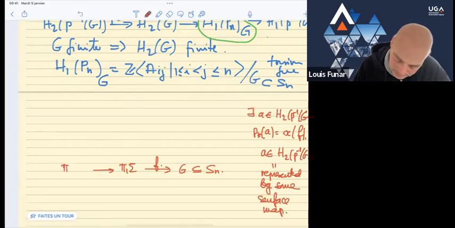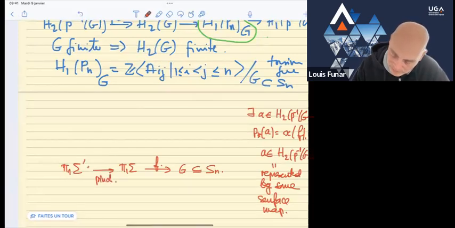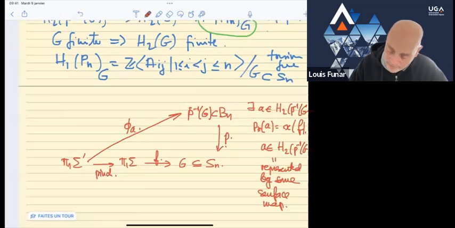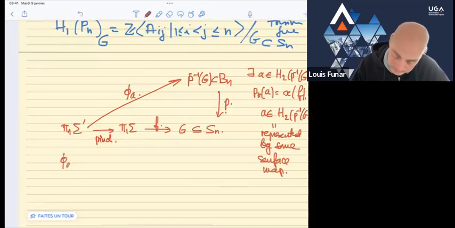It's not so complicated to see that sigma prime, which admits a pinch into pi1 of sigma, and I'm lifting it to pi1 to Bn. And now I am projecting down by P, and I have a map phi. And phi of sigma prime, that's exactly the class A.